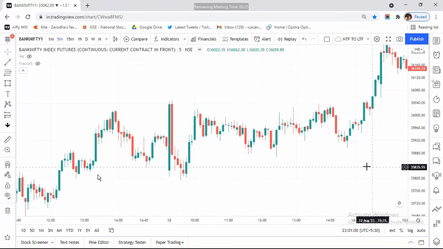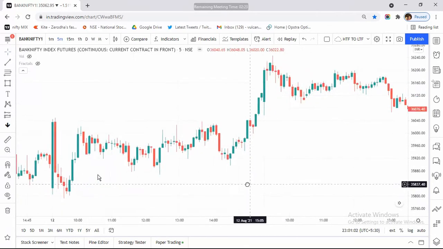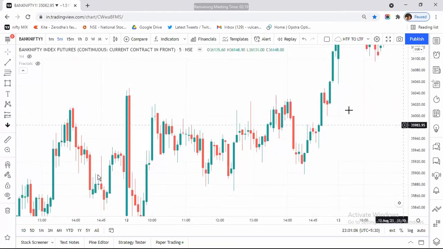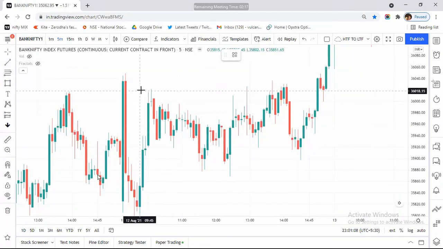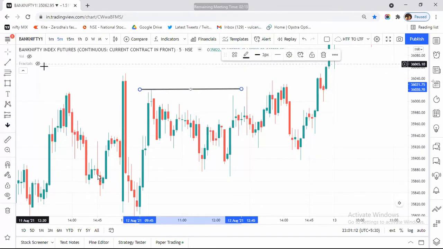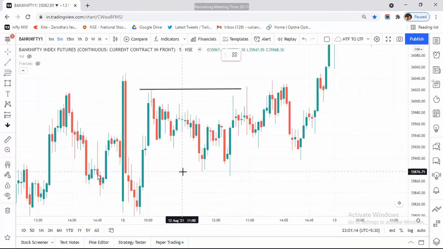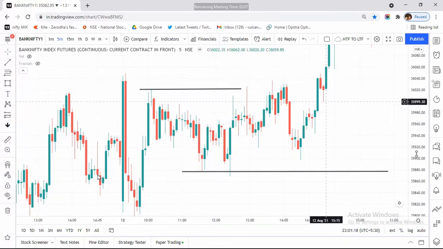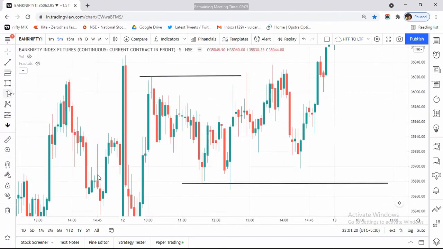This is tough, to mark the swing high and swing low correctly. But it is not like you are always perfect. Suppose you mark this swing high and then you mark this swing low. And then what you do? Divide the range.